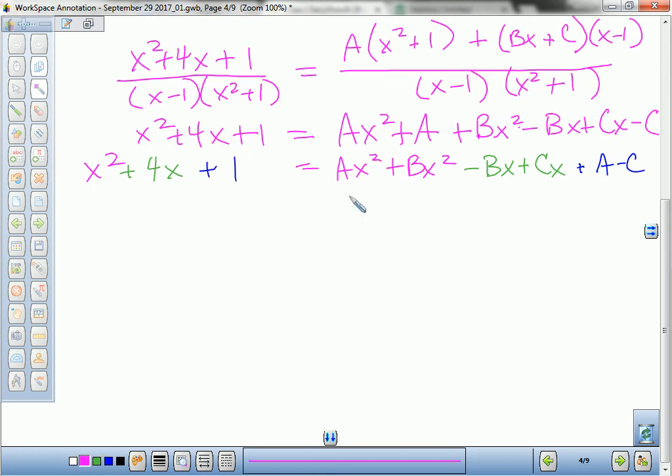All right, so this gives us a coefficient of a plus b for our x squared. This gives us a negative b plus c for our x.